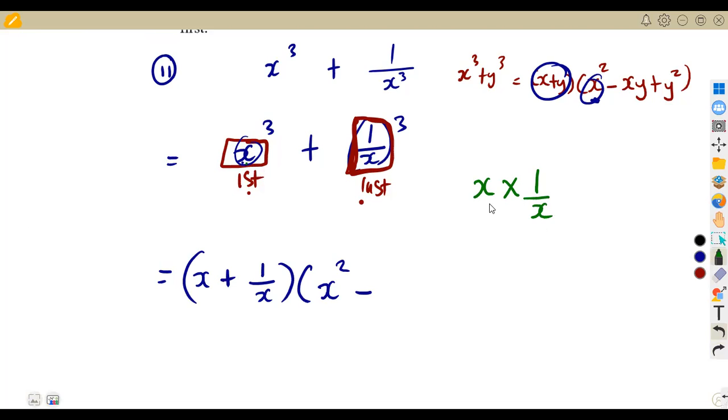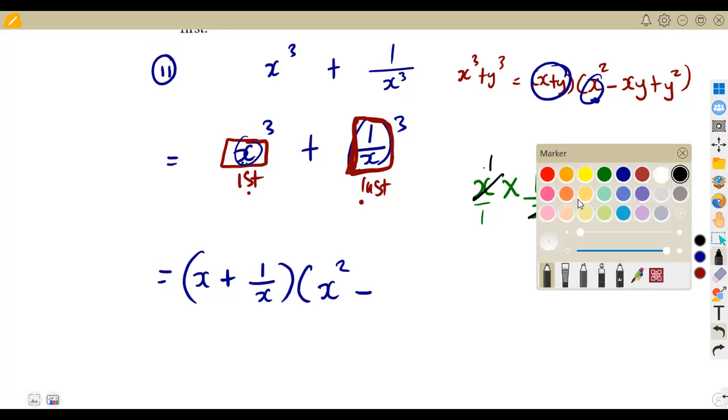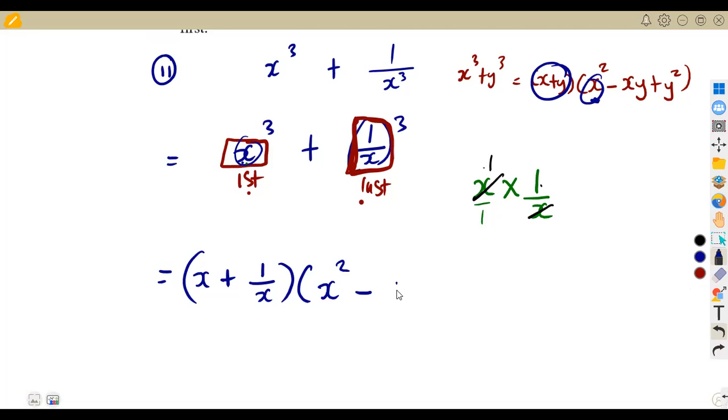As you can see, this is the same as x over 1. So we're back to multiplication of fractions where these two can cancel. We get 1 times 1, which is 1. So this is going to give us a 1. All right. Then the last part is y squared, which is the last squared. So it's going to be 1 over x squared.